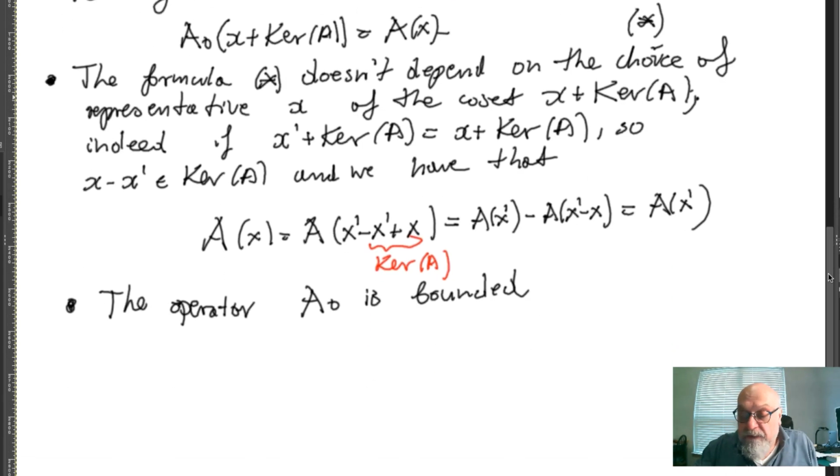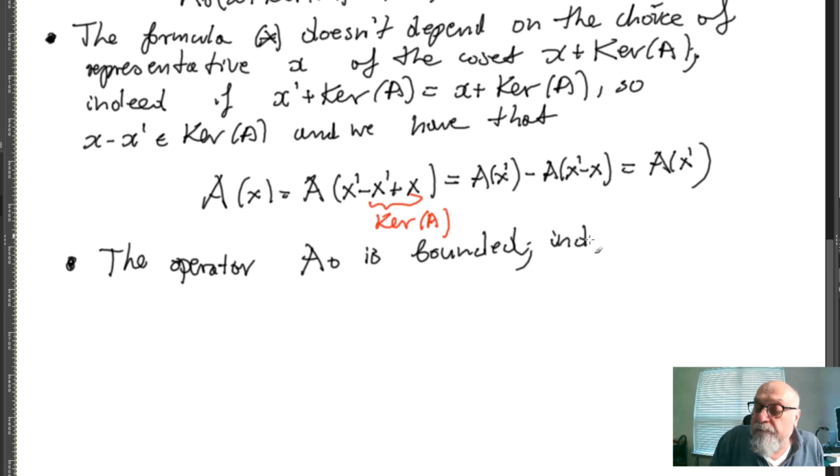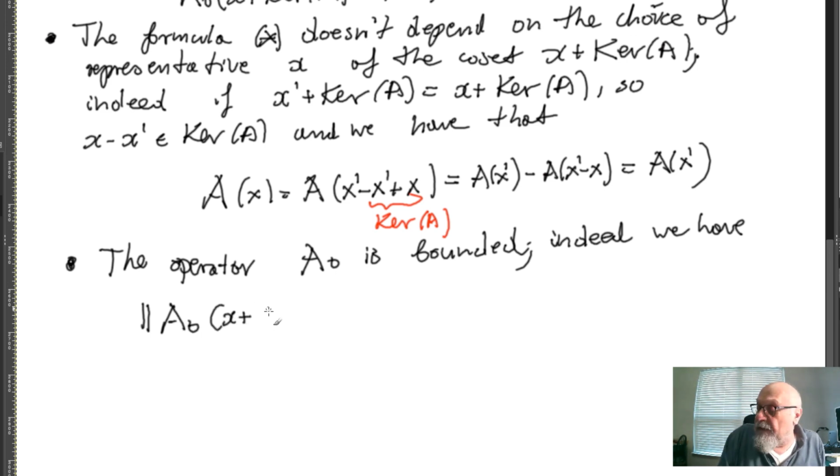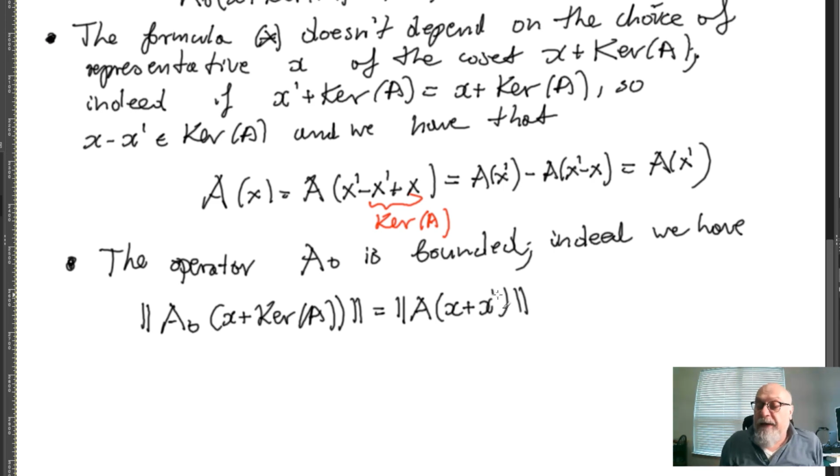Indeed, we have the norm of A0 of x plus kernel of A. By the definition, this is the same as the norm of A of x plus x prime, for every x prime belonging to the kernel of A. By the previous remark, it does not depend on the representative, so for any representative this will be the same value.